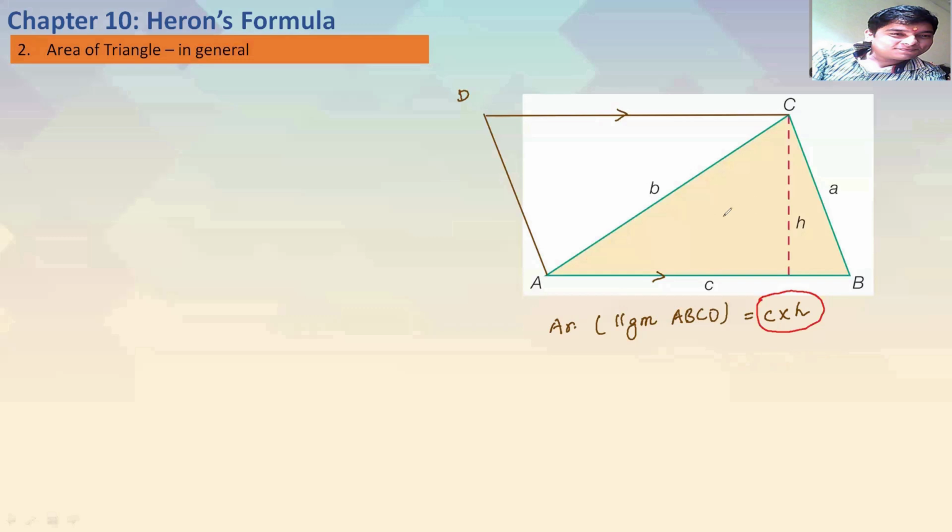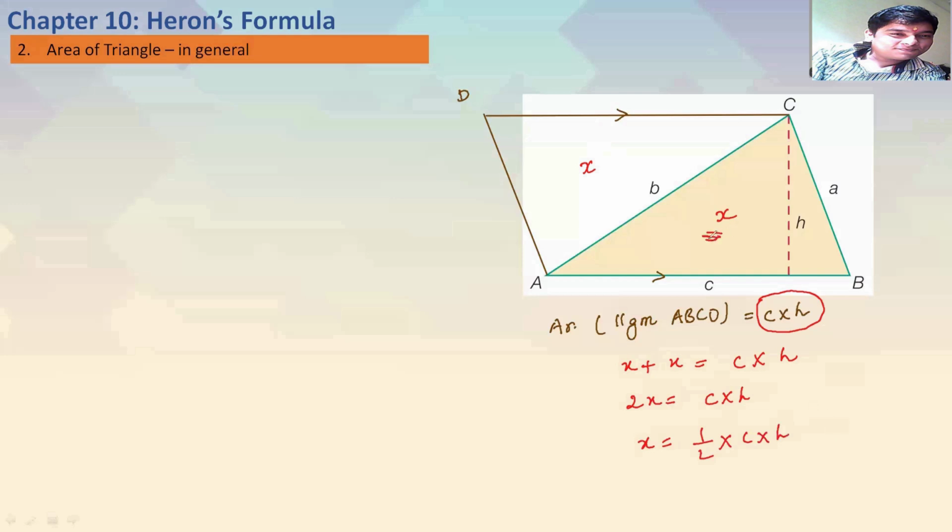Let's say the area of this triangle is x. Then the area of this triangle will also be x. So x plus x is c into h, the area of the parallelogram. That means 2x is c into h, so x is half into c into h.